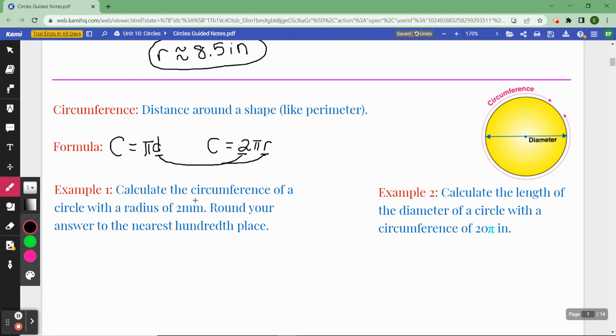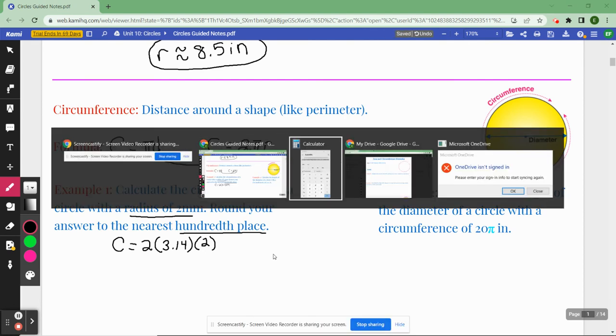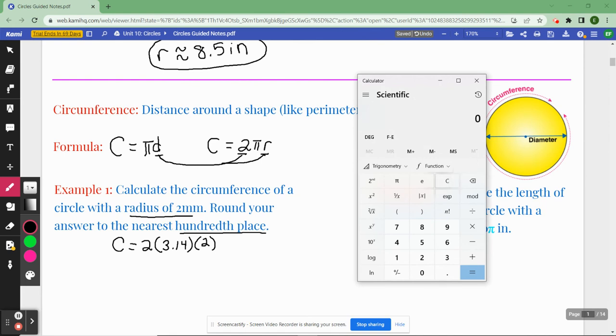If we're looking at the first example here, we want to calculate the circumference of a circle with a given radius, and we want to round our answer to the nearest hundredths place or 2 decimal values. So consider I'm given the radius here, I am going to use that second formula. Circumference is equal to 2. Since I want the hundredths place, I'm going to use 3.14 as my decimal approximate for pi. And my radius, I'm going to use 2. Since multiplication is commutative, order does not matter, so I'm going to go ahead and enter this into my calculator just from left to right.